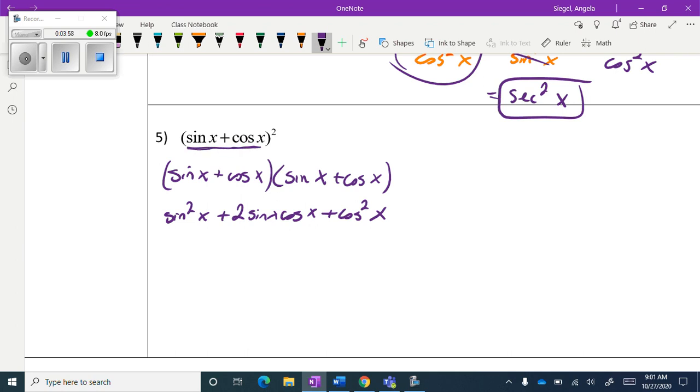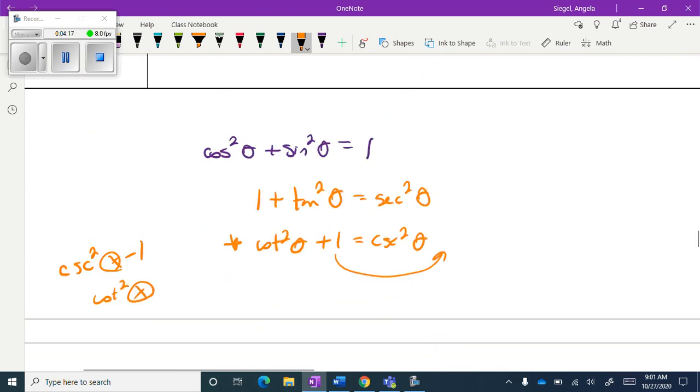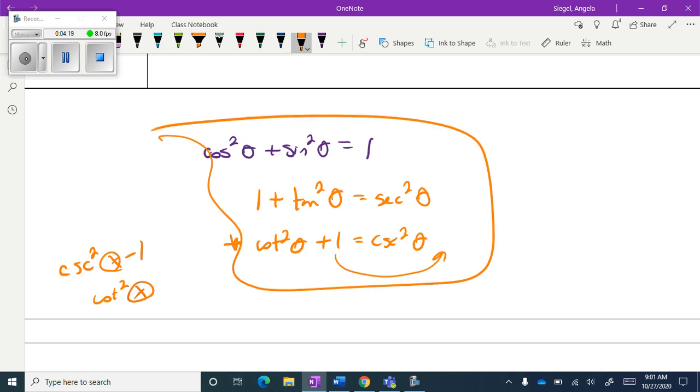So I went ahead and just saw the algebra in it and multiplied them together. And then I ended up getting this. So I wanted to walk you through it from here. So I am looking for anything I can to simplify it. And really my brain goes to these 3 Pythagorean identities.